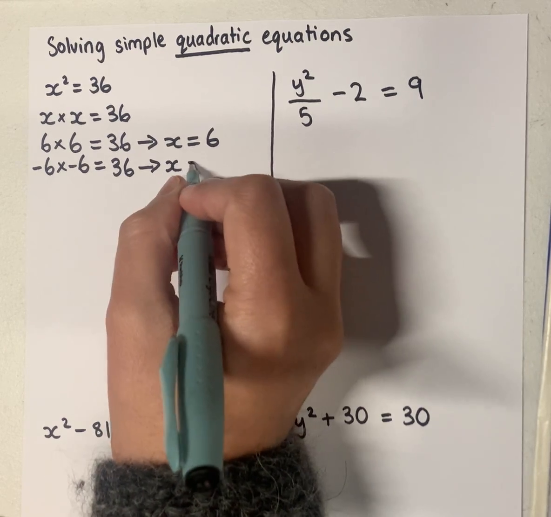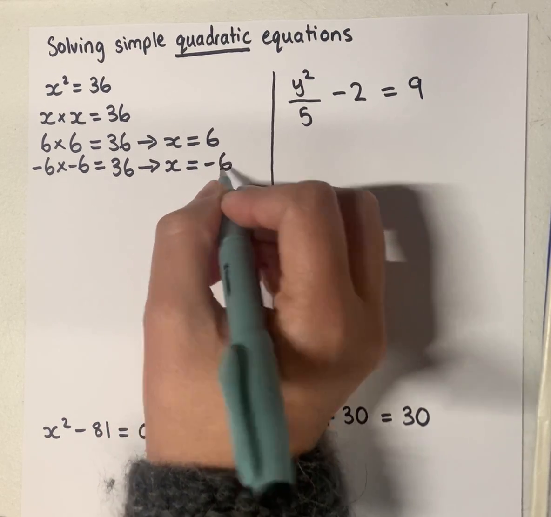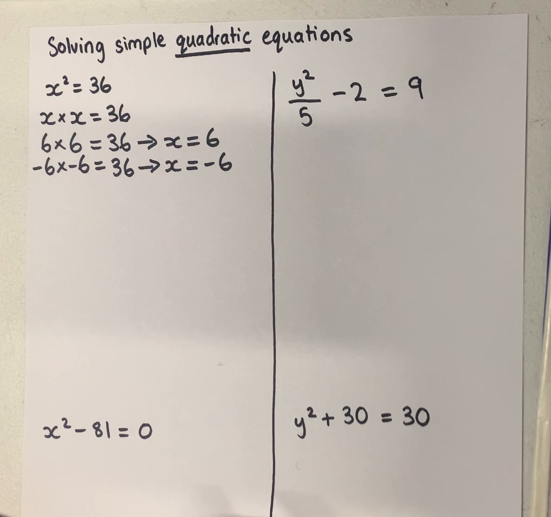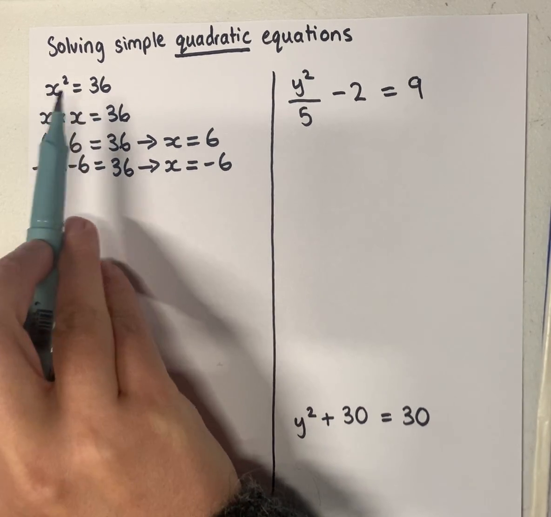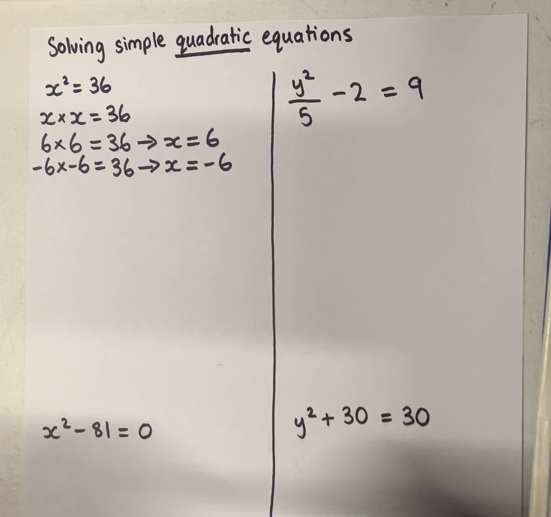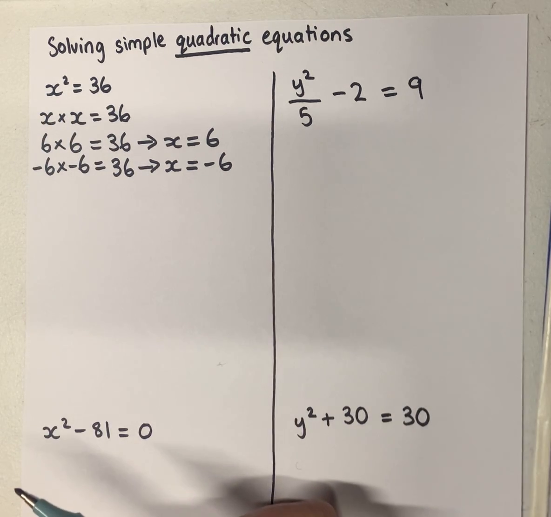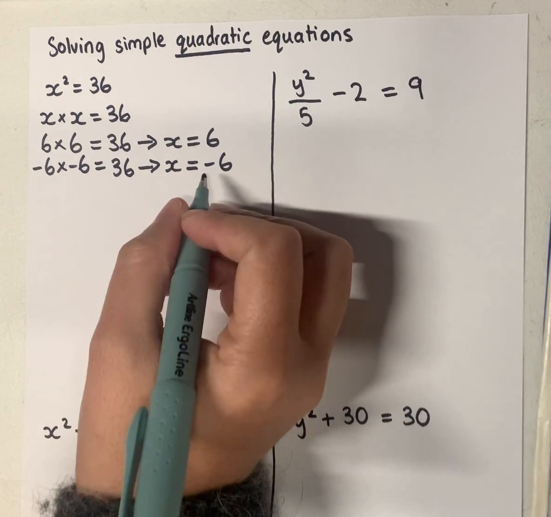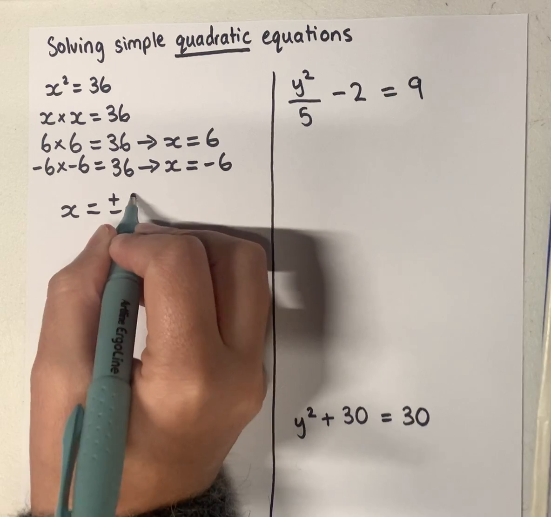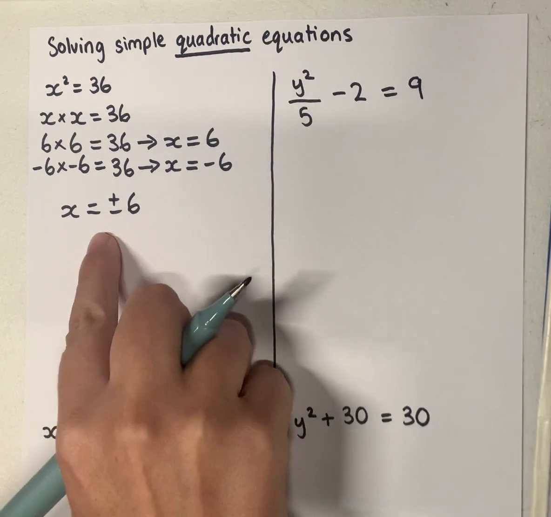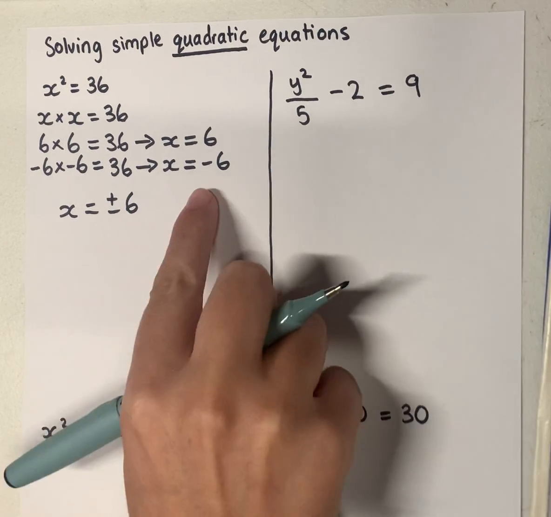One of the solutions is x equals 6, and the other solution is x equals minus 6. So whenever you're solving a quadratic equation, don't forget to think about the negative of the square root as well. So you can also write this as x is equal to plus or minus 6 if you want to save time. Both of these ways of writing it are fine.